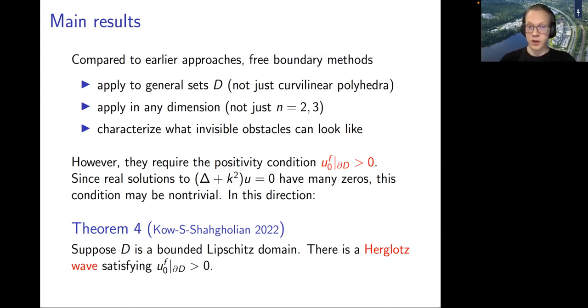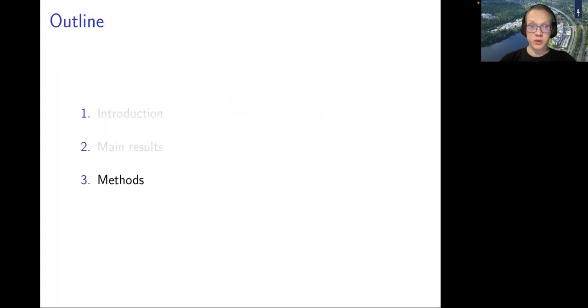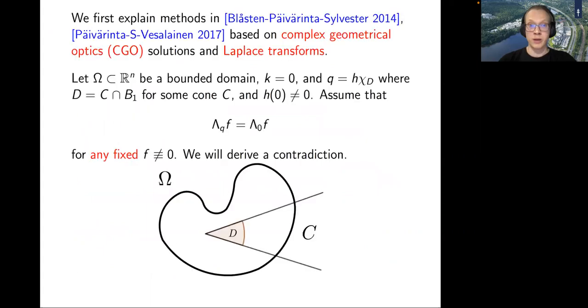Okay, so let's go to the final part, which is about the methods. Here I thought that, because there may be people in the audience who are interested in or have worked on the Calderón problem and use complex geometrical optics solutions, I'm going to show a little bit of some of the methods in these corner scattering results, starting from this paper of Blåsten, Päivärinta, and Sylvester, and some small variations that I did with Päivärinta and Vesalainen.